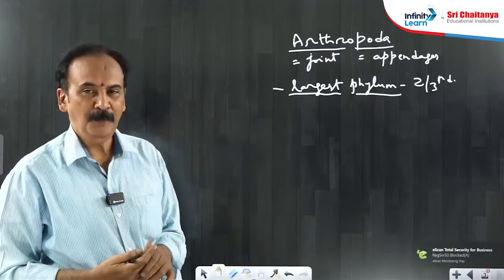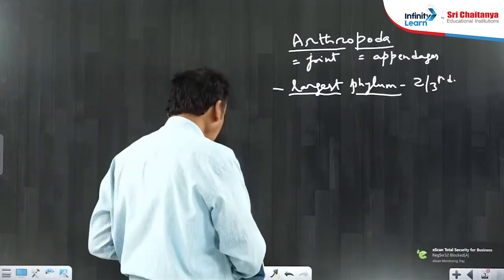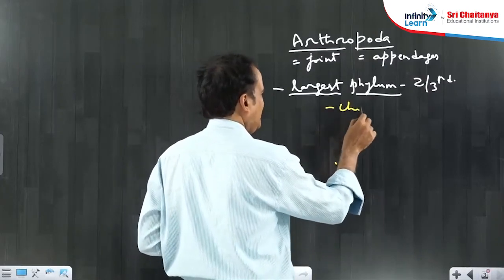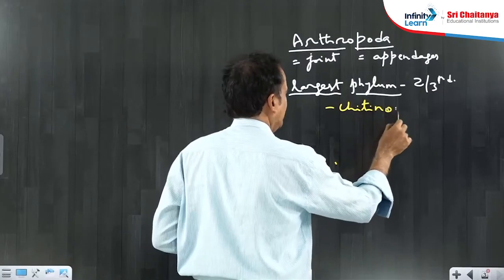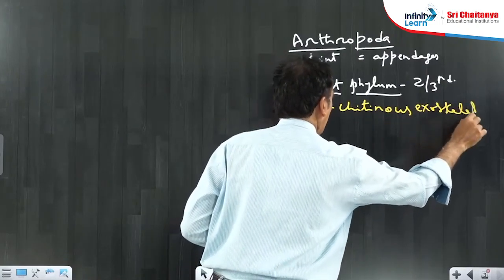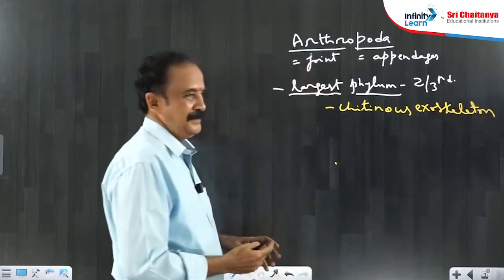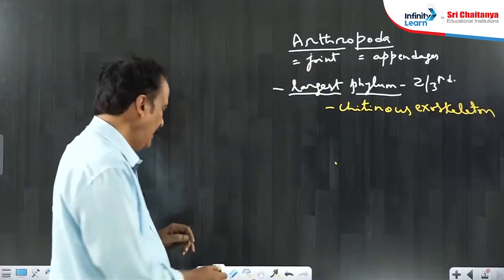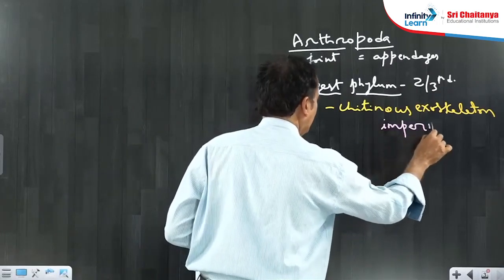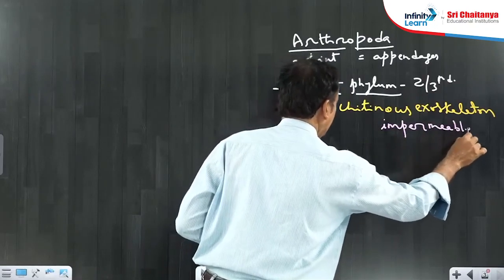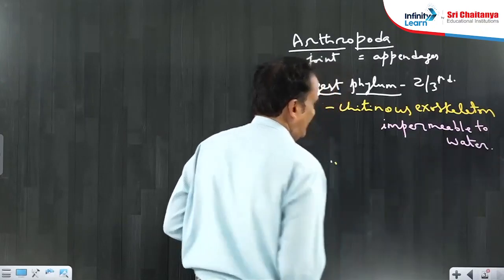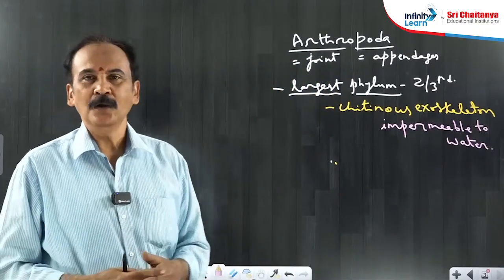How could arthropods dominate? One reason is that they have a chitinous exoskeleton. The body is covered by a chitinous exoskeleton which is impermeable to water. Chitin is impermeable. So the exoskeleton is able to prevent water loss.